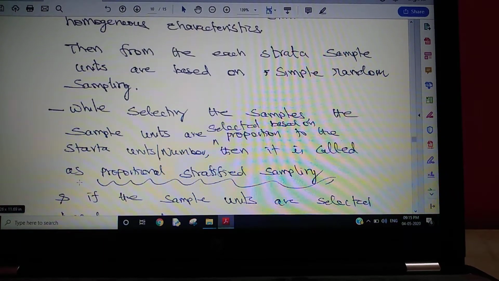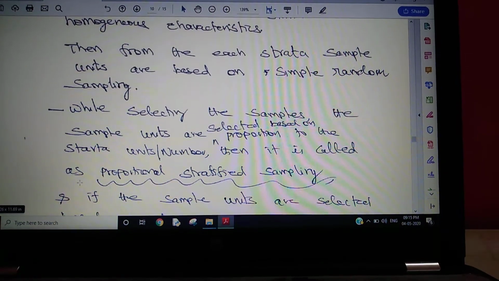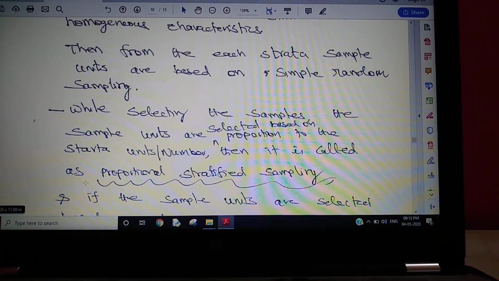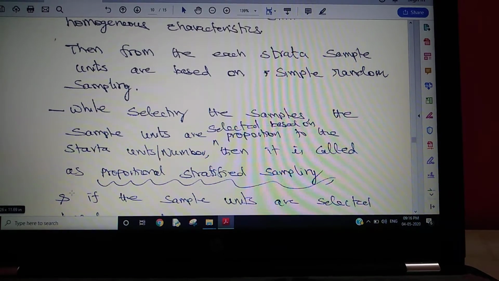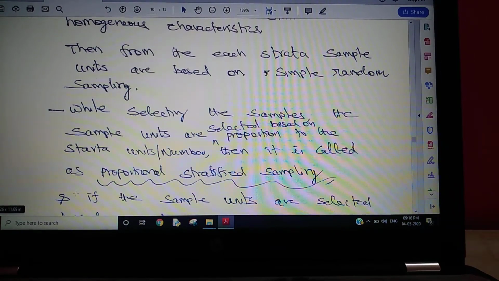Thereby each age group has a chance to come into the sample. That is the advantage: each group of people, each distinct characteristic, will be represented in the population.